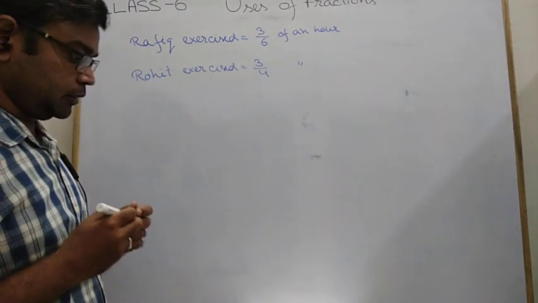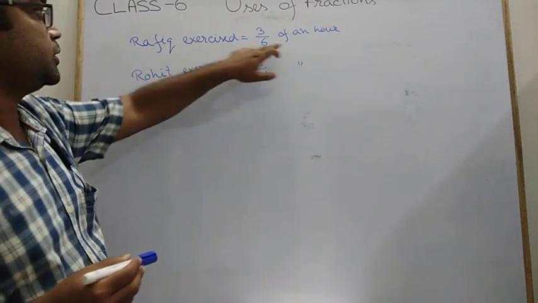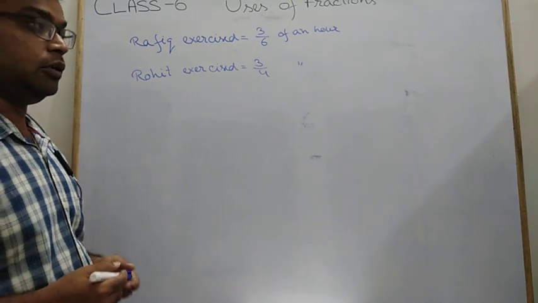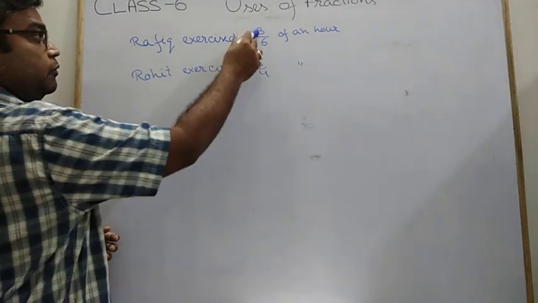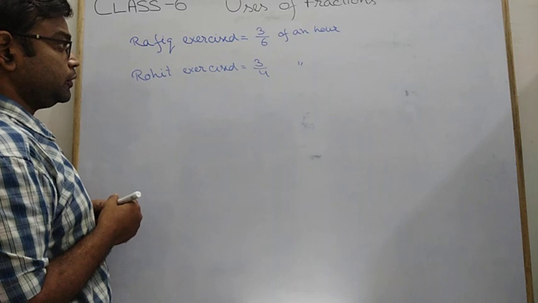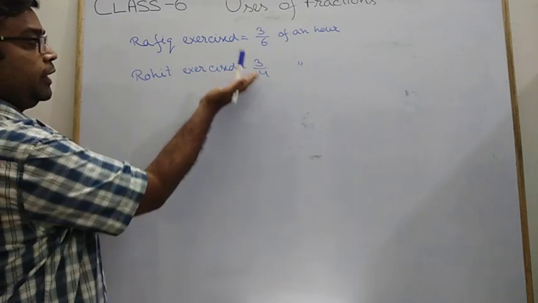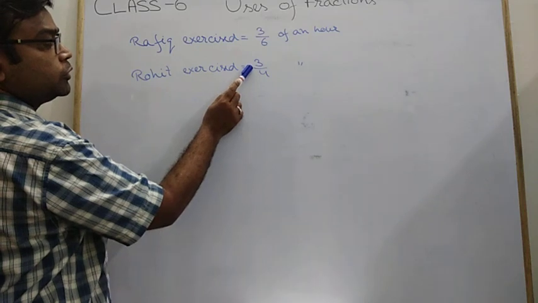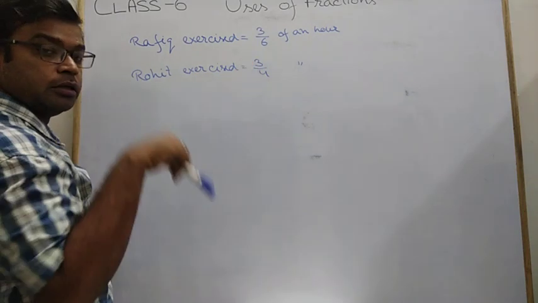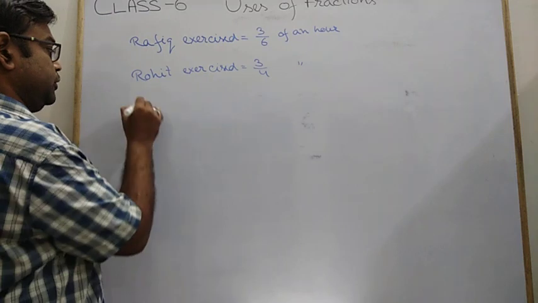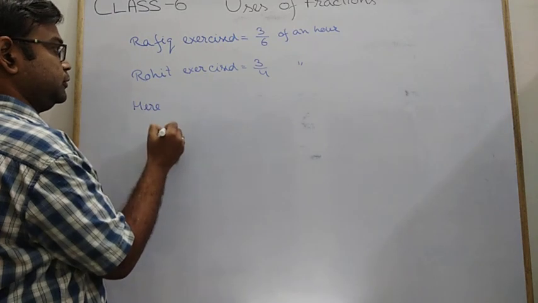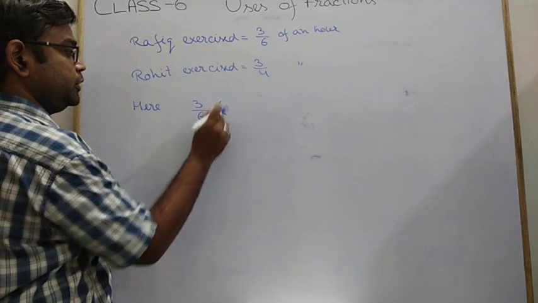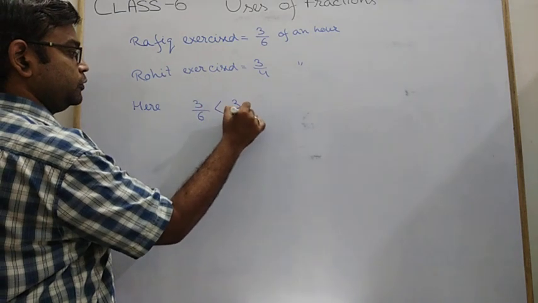Rafiq exercised 3/6 of an hour. Rohit exercised 3/4 of an hour. Now who exercised less or more? How do we compare? When we compare these two, we can easily say that here the numerators are equal. So the greater the denominator, the smaller the fraction. So we can easily write here 3/6 is less than 3/4.